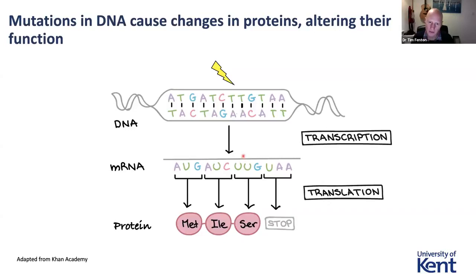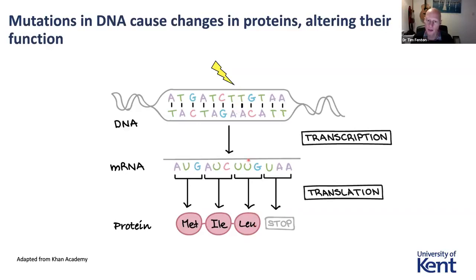Then the key important change here is that when this C that was initially in the code is mutated to a T, instead of having a UCG in this triplet, which codes for a serine, so an amino acid called serine, once we've changed this to a T and this in turn to a U, we then code instead for a leucine at this position. So we're changing the amino acid that we put into this protein by having this mutation here in the DNA.